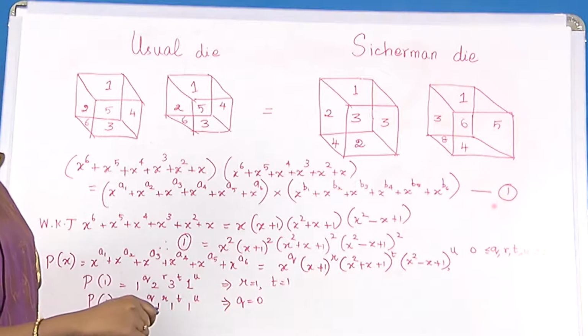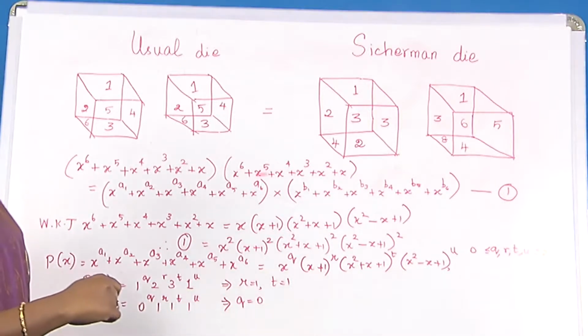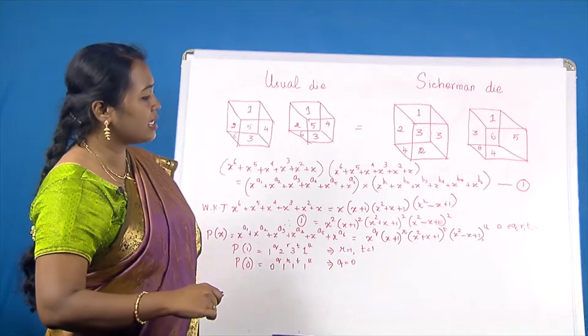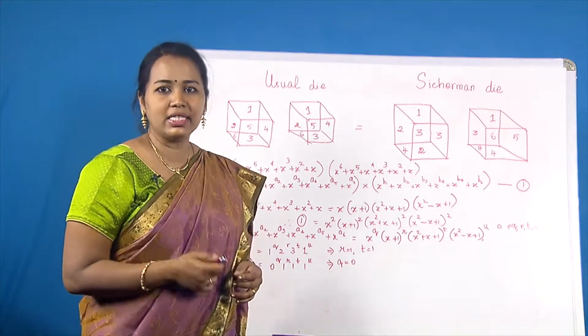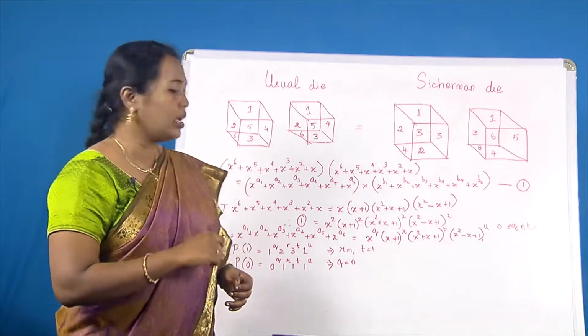Therefore, this equation 1 contains two different polynomials which are identical. We are doing the product of these two polynomials, and therefore 1 can be written as x^2 (x + 1)^2 (x^2 + x + 1)^2 (x^2 - x + 1)^2. So, this means that these factors are the only possible irreducible factors of p(x).